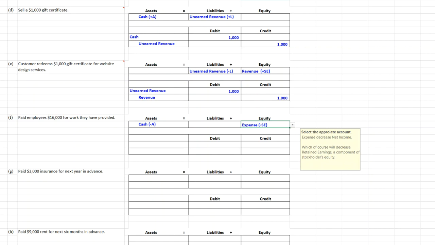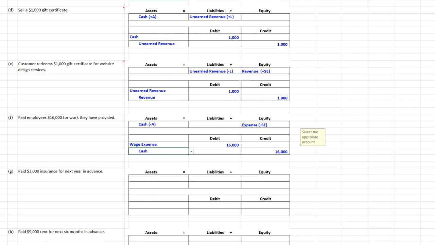All right, we record expenses, in this case, wage expense of $16,000. Expenses are recorded with debits. Debits have to equal credits. And that's good because we had a decrease in an asset, cash, and we record decreases in assets with credits.